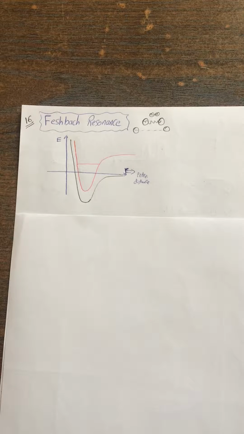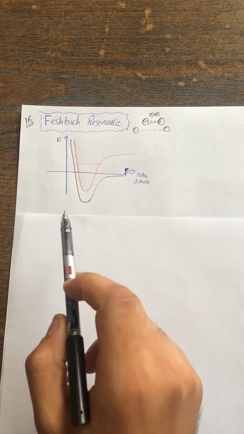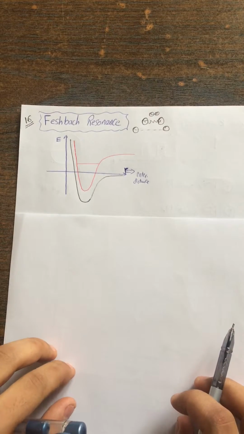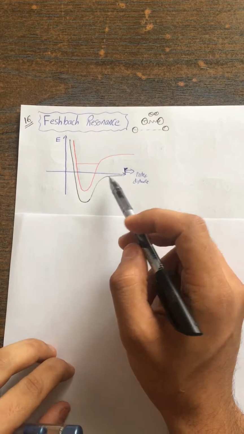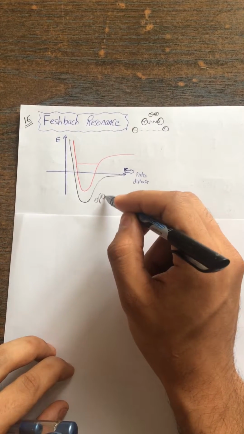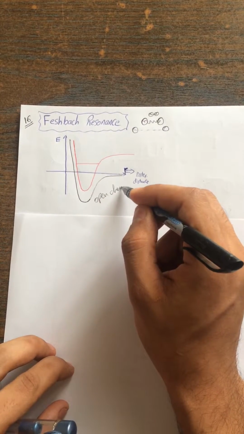So let's consider that you have a Born-Oppenheimer channel that looks like this, the potential looking like this. The black curve you see here is the open channel, so let's call it the open channel for two atoms, for example.